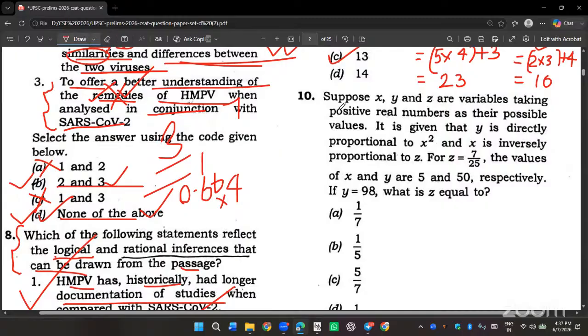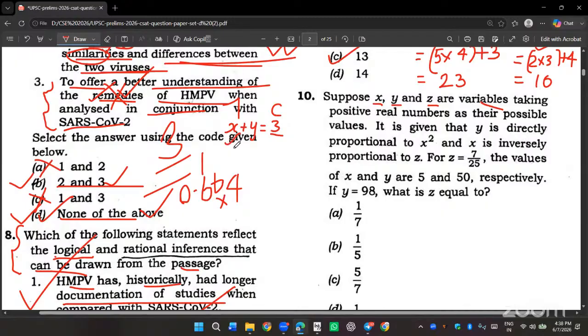Here, suppose x, y, z are variables. Variable means, in any equation, x plus y is equal to 3. 3 is a constant. It is a basic of algebra. In the first class, we teach this to the students. So 3 is a constant, but x is a variable.